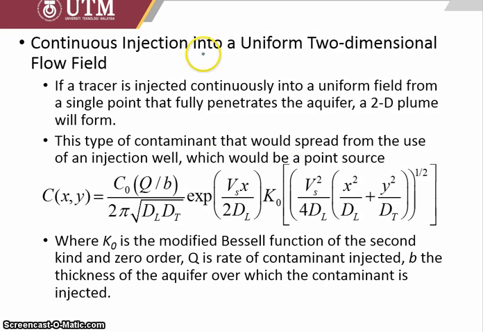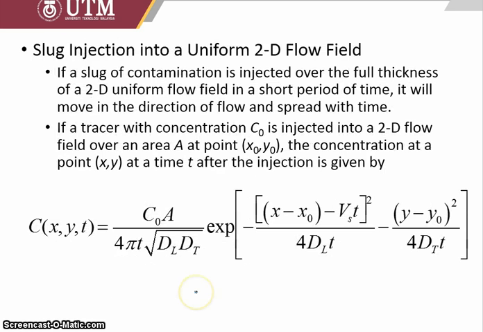For just now, we only discussed one dimension. For two-dimensional flow fields, of course we have two directions, x and also y, the longitudinal and also transverse. So we can also have a simplified version of the equation.